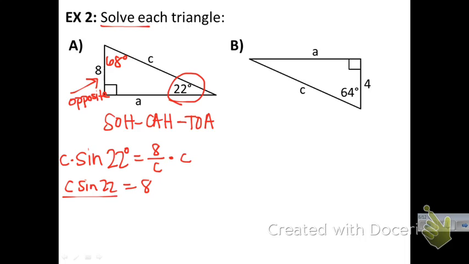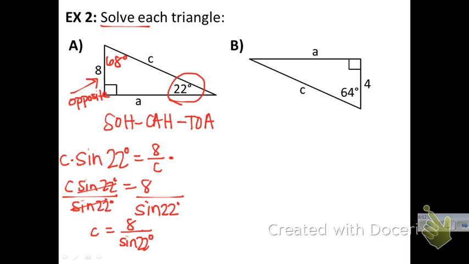And then to get C by itself, we would divide by sine 22. And then you would get C equals 8 divided by sine 22. And at this point, you would go to your scientific calculator to calculate that.